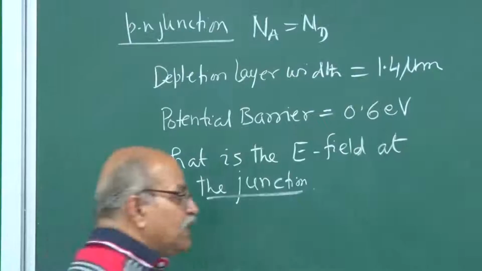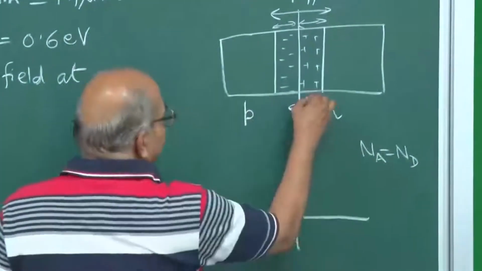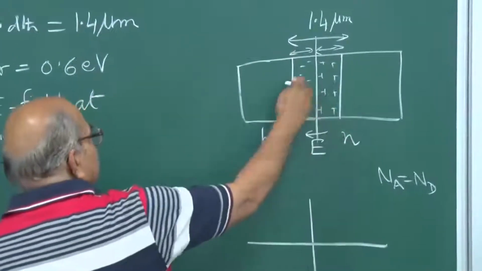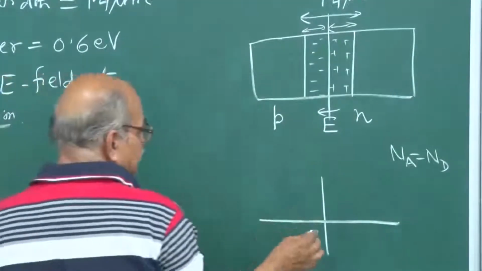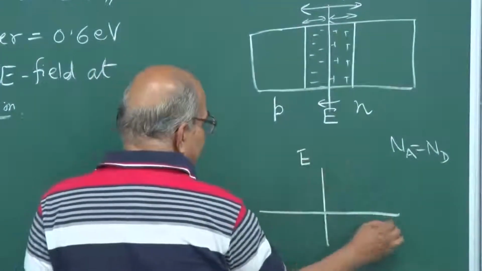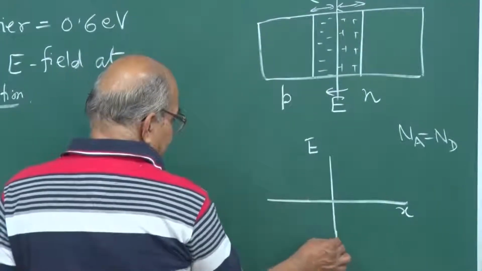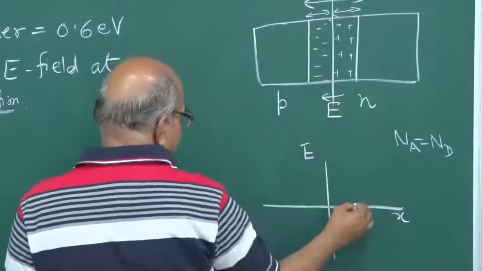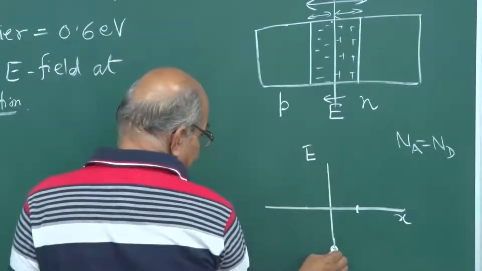If you remember, this electric field will be in this direction, from the positive side to the negative side, and therefore it will be negative in the usual diagram. If E is here and x is here, then you have the electric field somewhere here, and when the depletion layer ends, the electric field becomes 0. The electric field is 0 here, and it is linear.